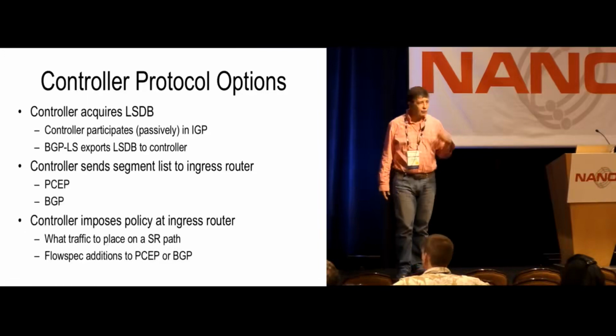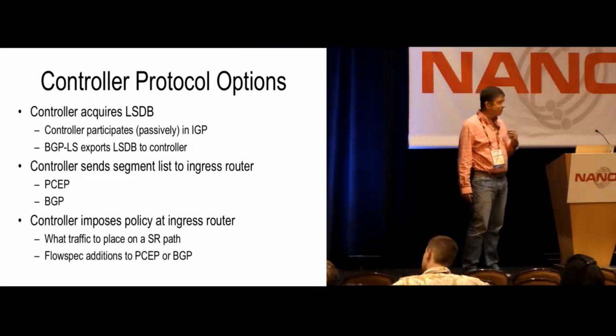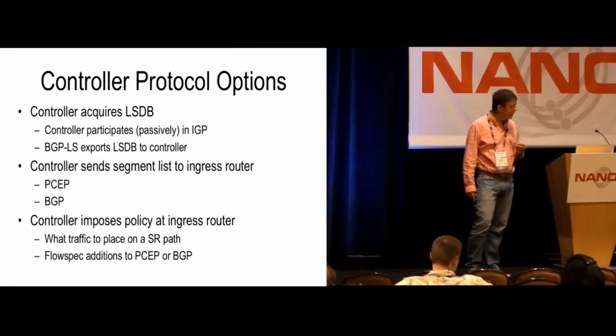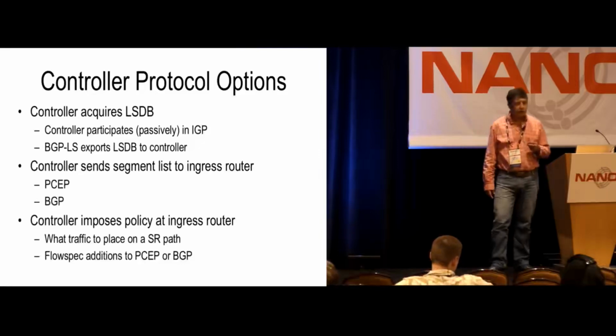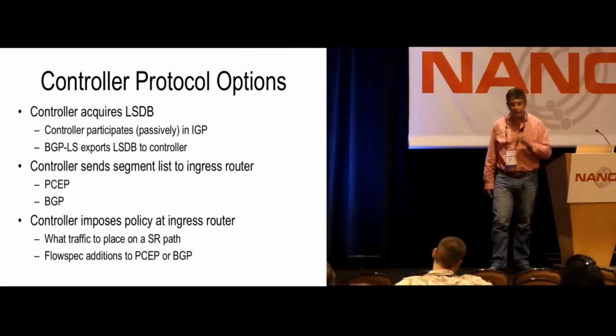Next thing you need is the controller needs to be able to send a list of segments down to the router. Two options to do that, PCEP and BGP. And finally, the controller is going to impose policy at the ingress router. What traffic to place on the SR path, and he has two ways to do that. Flow spec additions for PCEP and BGP.